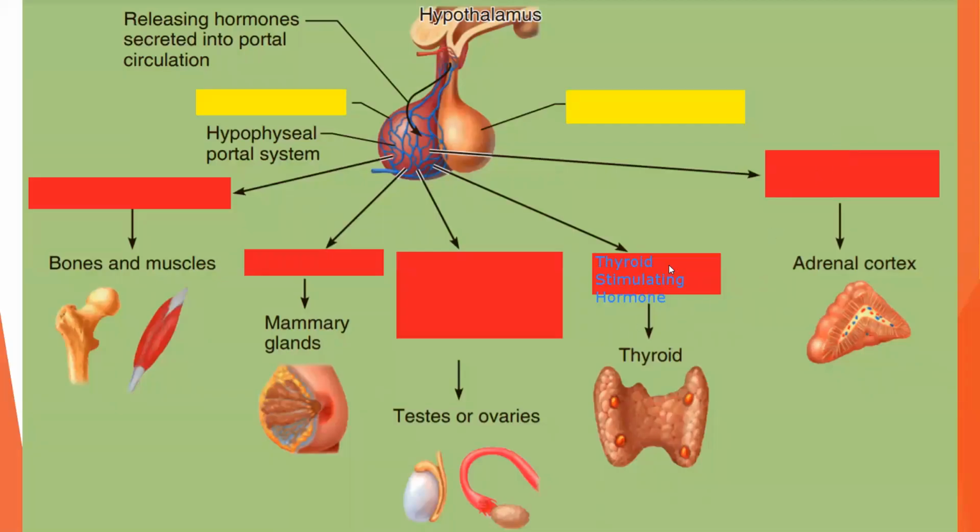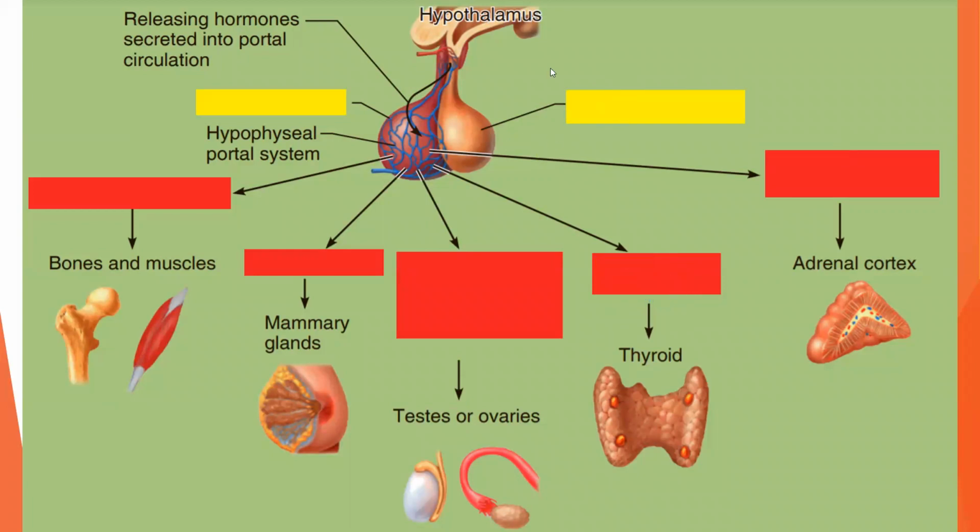Very straightforward, and you're correct. It is your TSH, or your thyroid stimulating hormone. So those are the different hormones that are produced by your anterior pituitary gland.